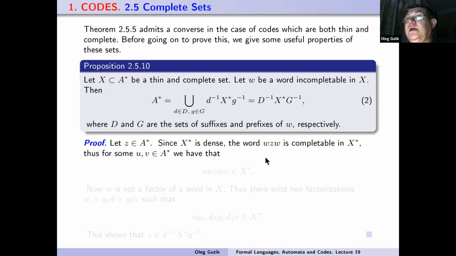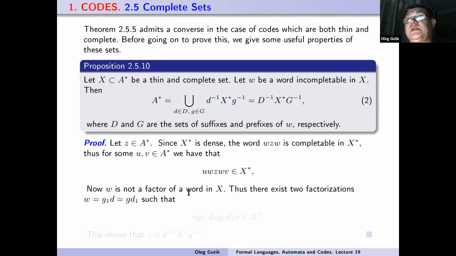Thus, for some u and v from the free monoid A*, we have that uwv belongs to X*.